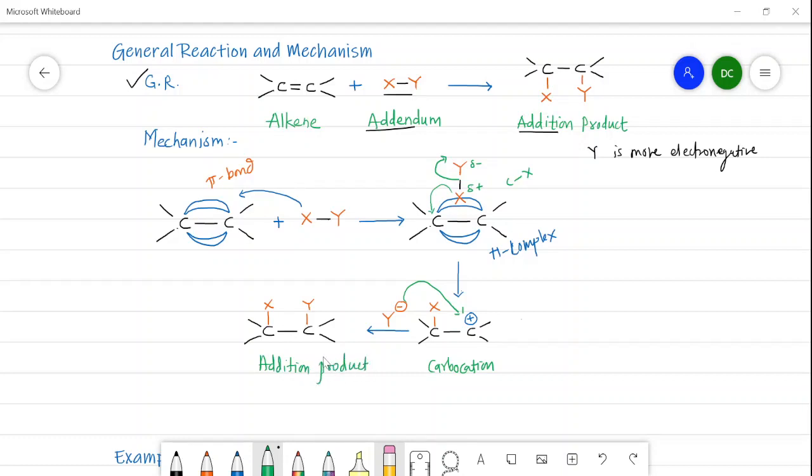It is observed in all cases of addition reaction, but there is one condition or situation where a different mechanism is observed. Suppose we have taken X and Y. Here X is also halogen and Y is also halogen.